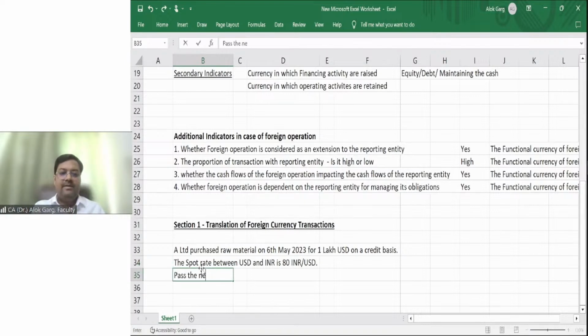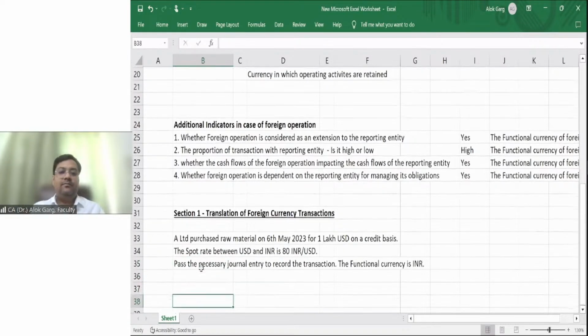Pass the necessary journal entry to record the transaction. The functional currency is INR, right?